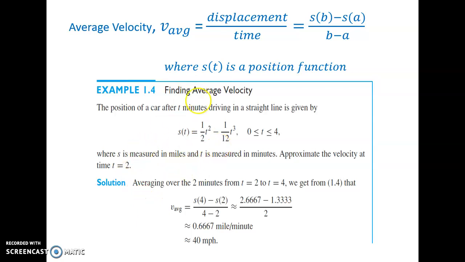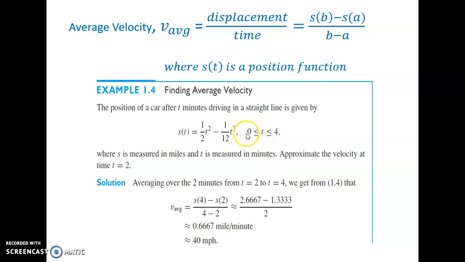So what we will have to do here is take 2 points. The question is to approximate the velocity at t equal to 2, so I will take that and take one more point, that means at time 2. So 2 and one more value I will take, 2 and 4.